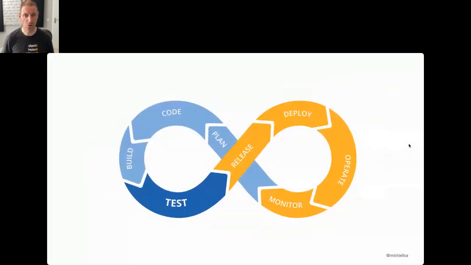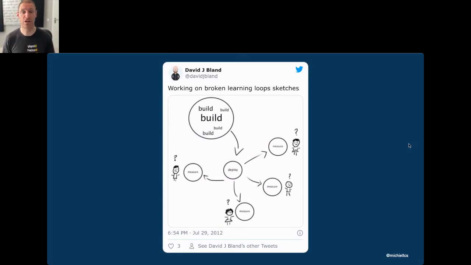Now, you may know this picture, which is the plan, code, build, test, release, deploy, operate, and monitor loop, which is the theoretical paradise version of feedback loops, right? In reality, it often turns out to be this. We have lots and lots of build operations going on. We don't deploy very often, but we do lots and lots of building.